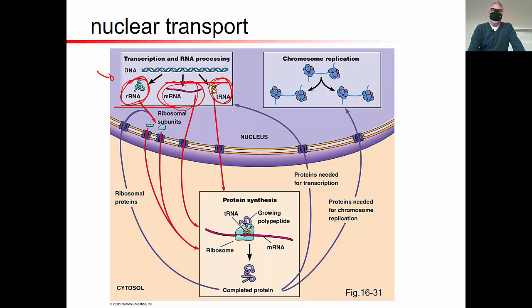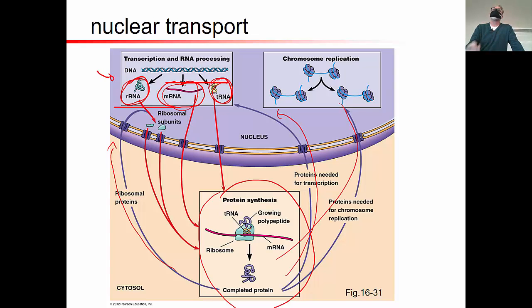They get made in the nucleus, and all of them have to be transported out into the cytosol. And in the cytosol, we can make proteins. And those proteins, in turn, you can see with the purple arrows, some of them return back into the nucleus where they're required for things like replication, chromatin assembly, processing the RNA, and so on.